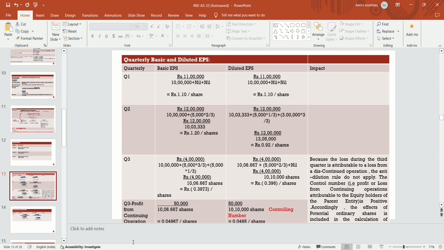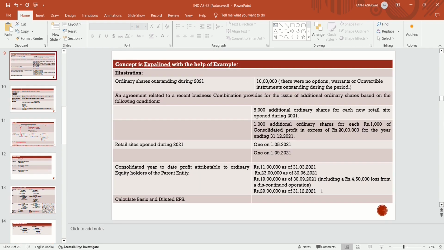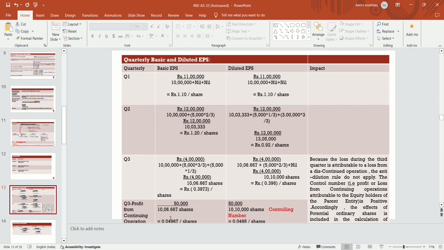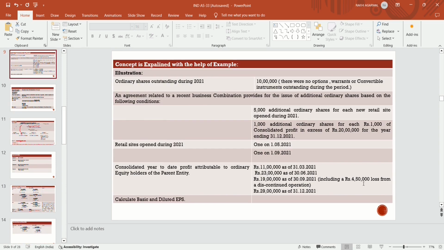Quarter 3 profit from continuing operation. There is a profit of 50,000, because quarter 3 includes a loss of 4,50,000 from discontinued operation. How is it? There is a profit of 19 lakhs plus 4 lakh 50,000, so there is 23 lakh 50,000, because the 19 lakh includes a loss from discontinued operation. So total profit in quarter 3 becomes 23 lakh 50,000, out of which 23 lakhs is the profit up to 30 June.